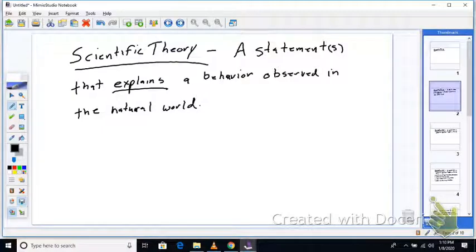We take gas molecules out of our bell jar. You guys remember? We took gas molecules out of that yesterday, and what happened to the balloon? It went up. The question is, why did it go up? We try to explain that. We've got to come up with a theory explaining that. So when we talk about scientific theory, that's what it is.